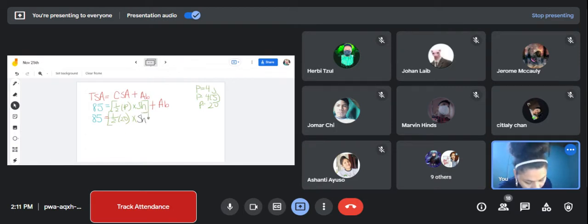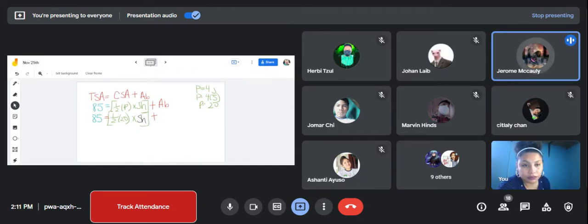Now, finding the area. What would be the area of that square? What would be the area of this square? 625.